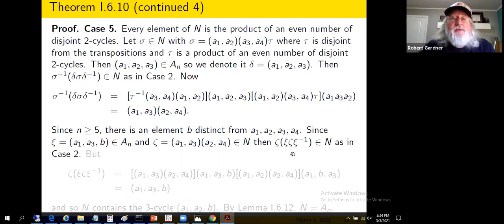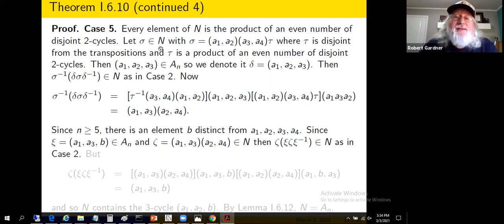One last case. So here we're taking every element of N is the product of an even number of disjoint 2 cycles. So we're taking the elements of N. We know they are elements of S sub N. So we know they have unique cycle decompositions, and all of this is based on the unique cycle decompositions.